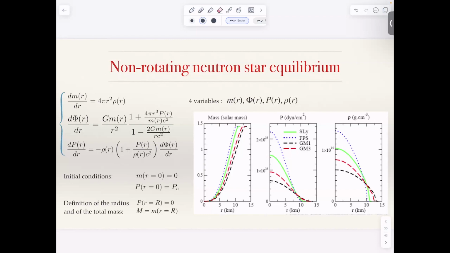Unless someone goes inside a neutron star and looks at what is inside, it is pretty difficult to determine which of these equations of state are good just based on the pressure or density profile. But what you can do is, as I said, measure the mass and the radius, and filter out the equations of state that do not reproduce the observational data.